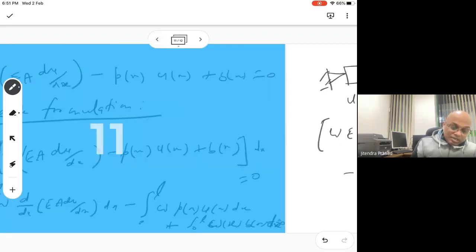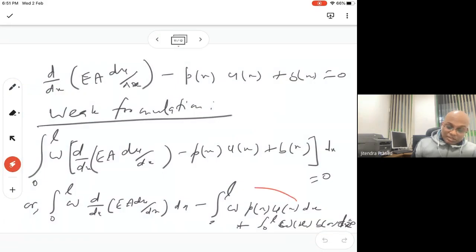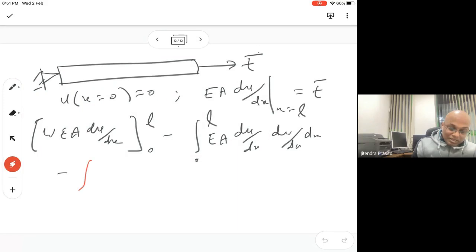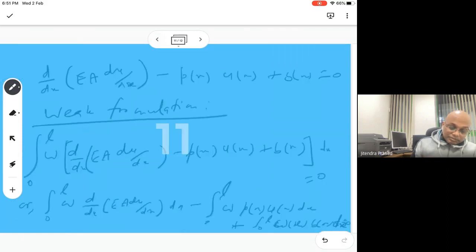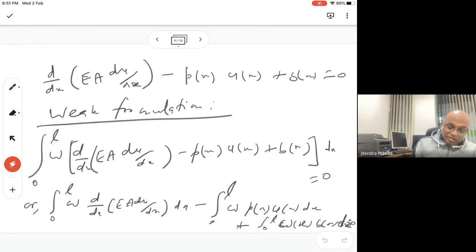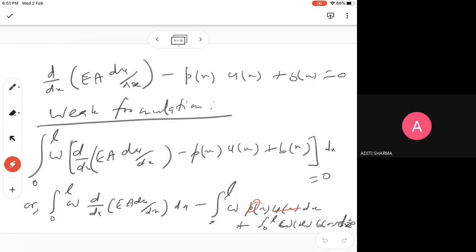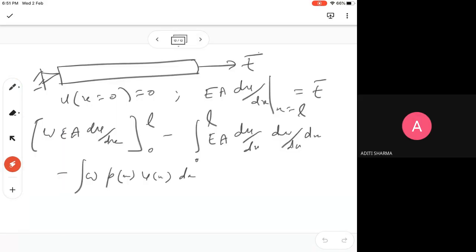Minus you have this term, so we have W times p_x u_x dx, minus W times p_x u_x dx. Sir, what are we considering as u or v here, because E and A are also functions of x?